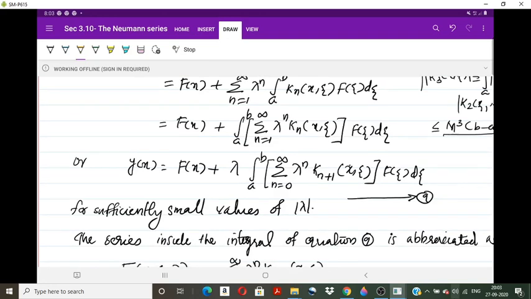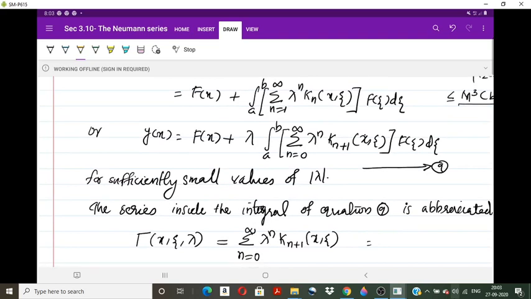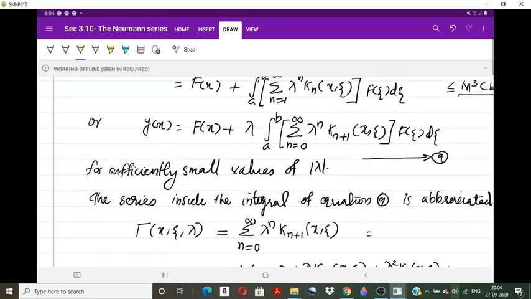The series inside the integral of equation number 9 is denoted as gamma of x zeta lambda, that is summation n equal to 0 to infinity lambda raised to n Kn plus 1 of x zeta, and this series is known as the resolvent kernel or the reciprocal kernel.